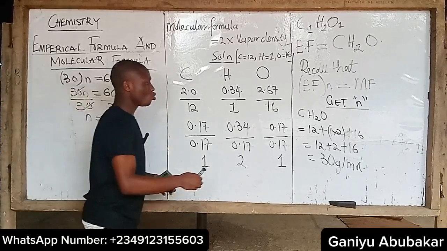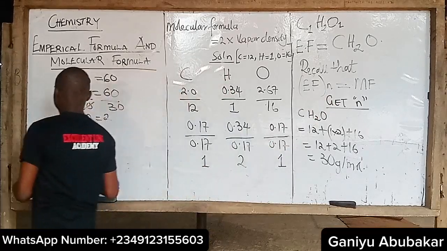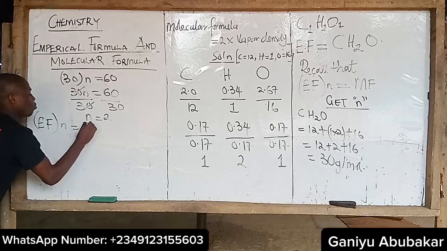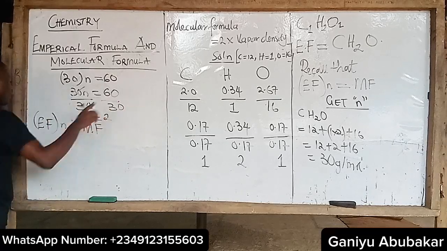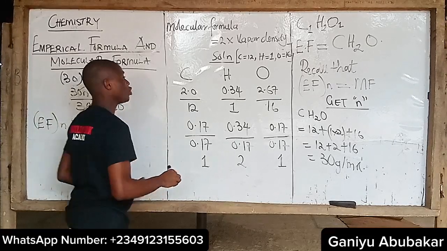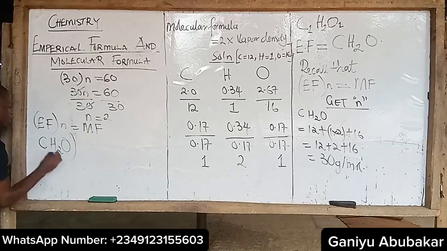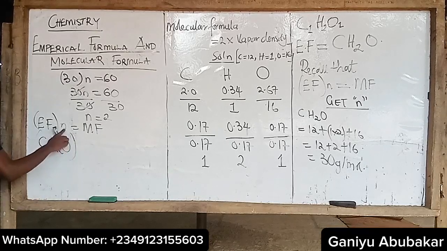Empirical formula times n is equal to molecular formula. The empirical formula is CH2O, multiplied by n, and n is 2.